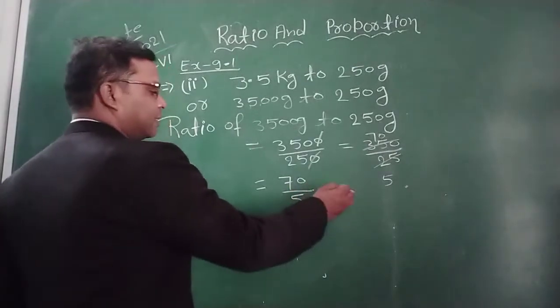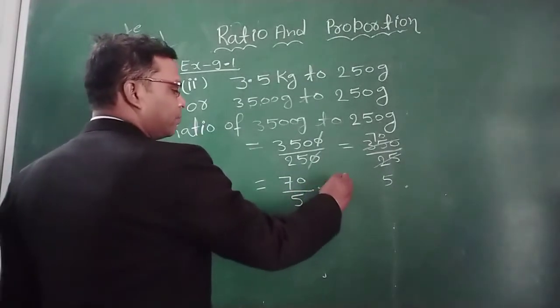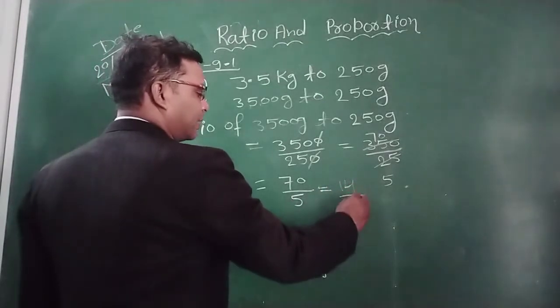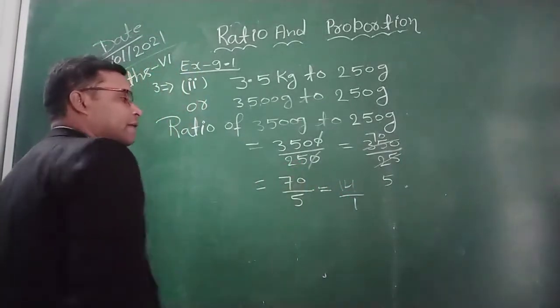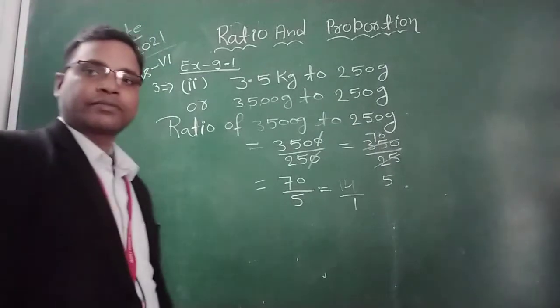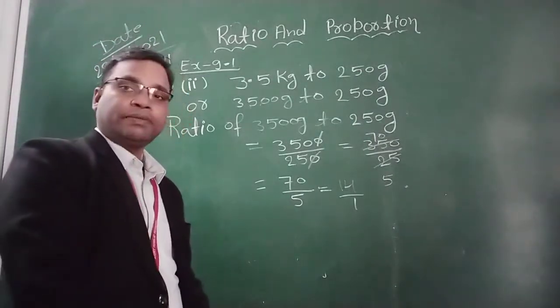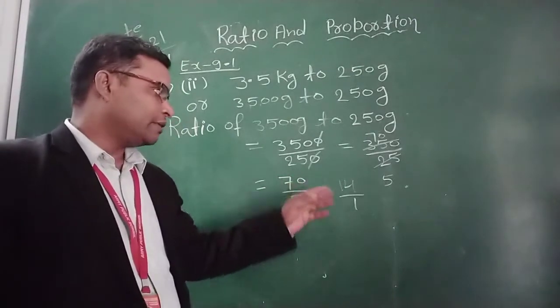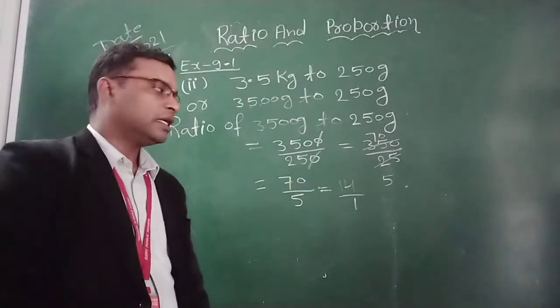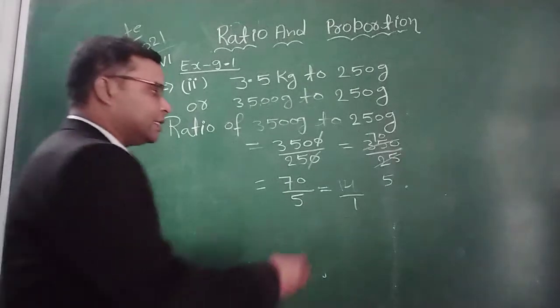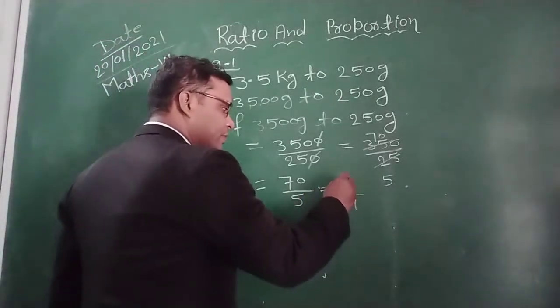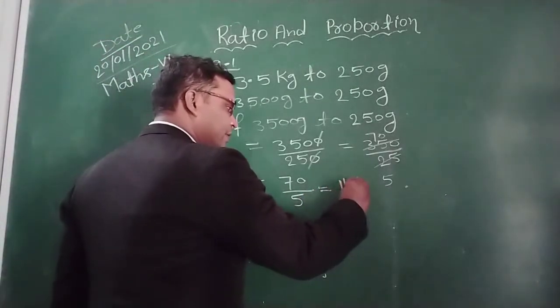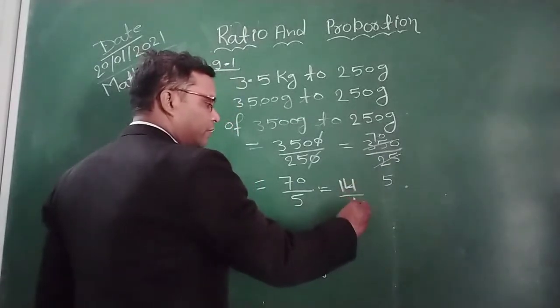Again you can divide it: 14 by 1. 5 ones are 5, 5 14s are 70. This is clear. So we can write this is 14 by 1.